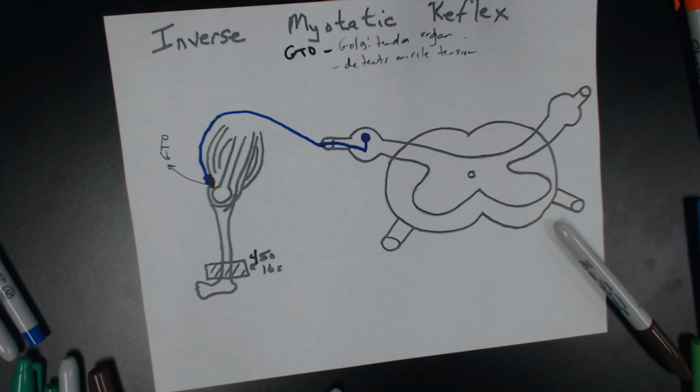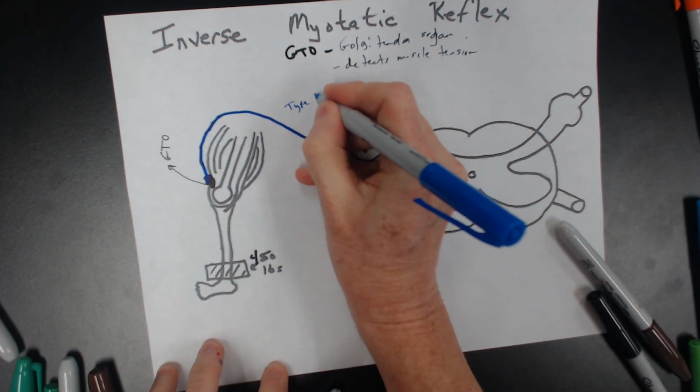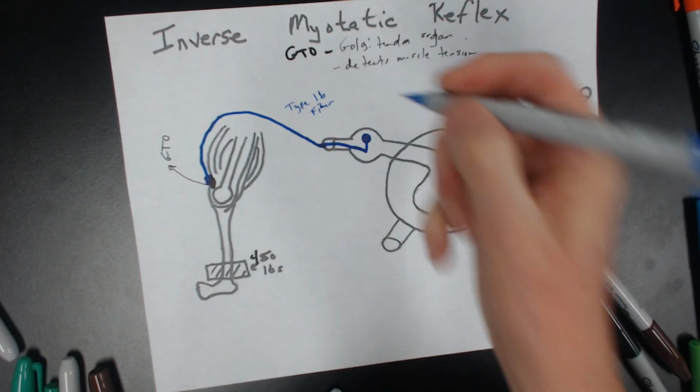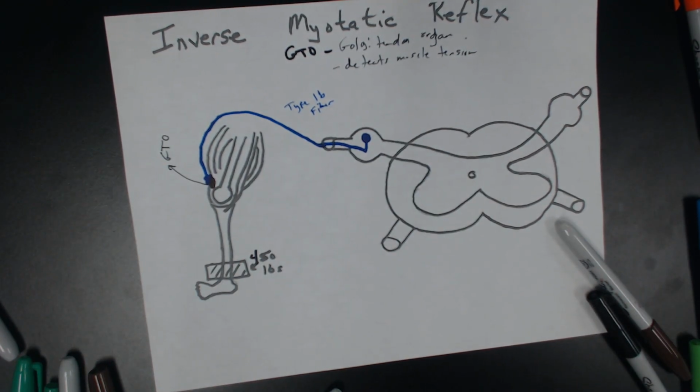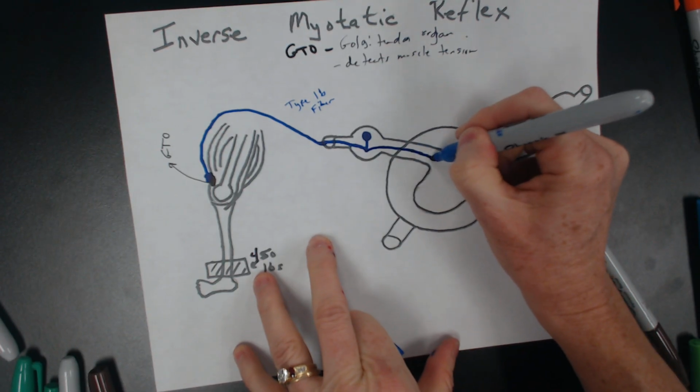All right, and the GTO works through something called a type 1B fiber. Information is transmitted through here.